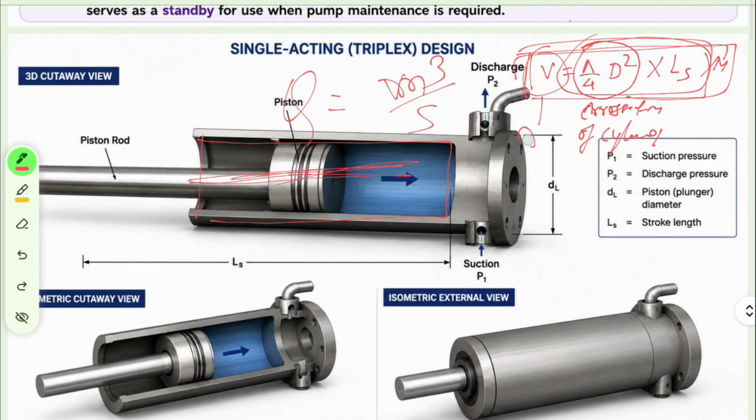If you remember, the unit of volume is meter cube, and this N is the rpm, revolutions per minute. So this will give you the discharge. This is how you can calculate the volume you obtain during suction or during delivery, and this formula is going to help you while solving problems.